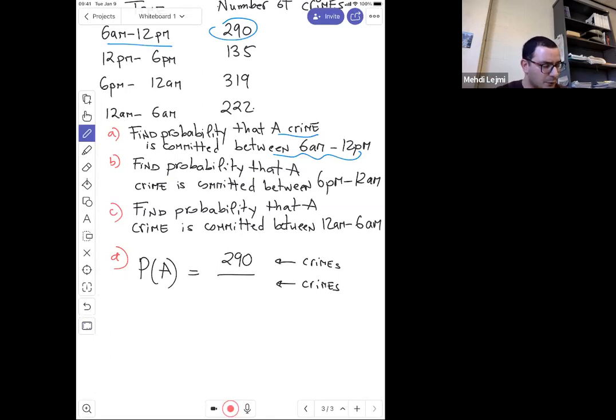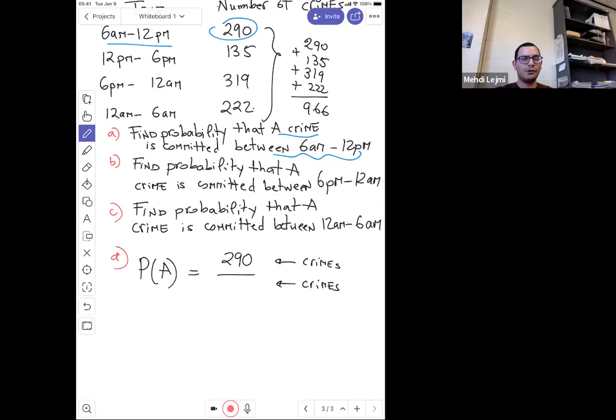It's 290 from 6 a.m. to 12, plus 135 from 12 to 6 p.m., plus 319 from 6 p.m. to 12 a.m., plus 222 from 12 a.m. to 6 a.m. So in total, we have 966 crimes.